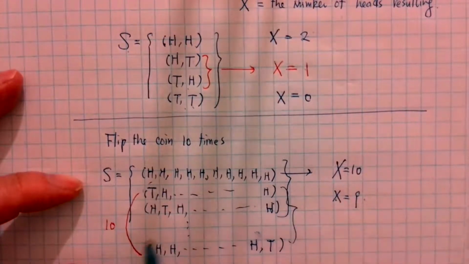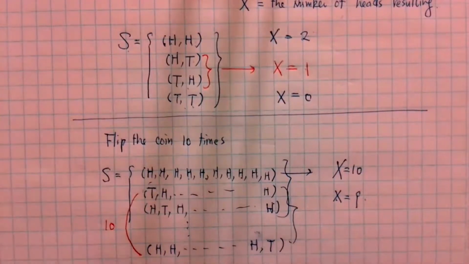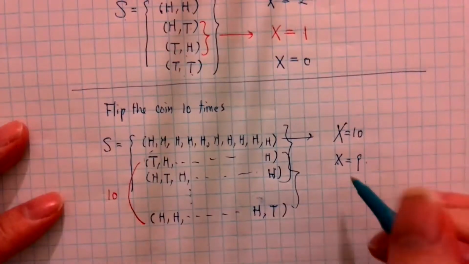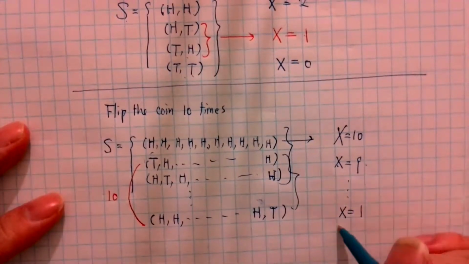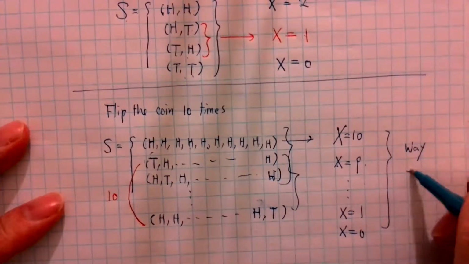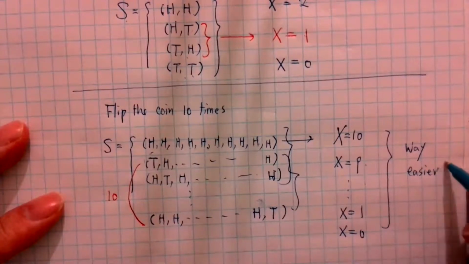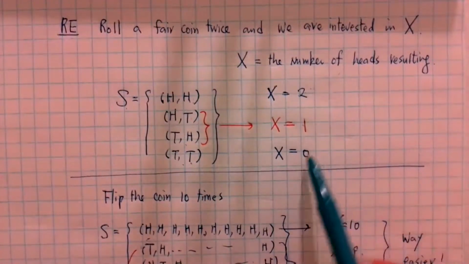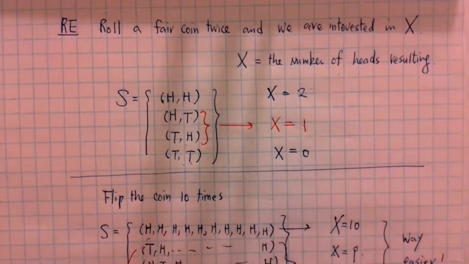This is like a torture. Too complicated. So why did we invent the random variable? As you can see, for notational convenience. This will be way easier. So this is a random variable, and the reason we invent it is for notational convenience.